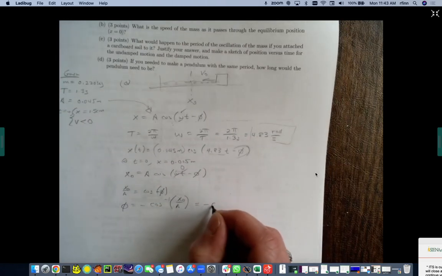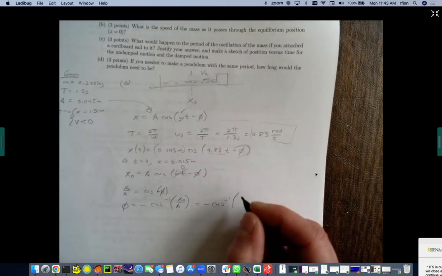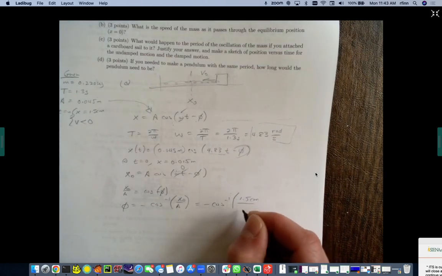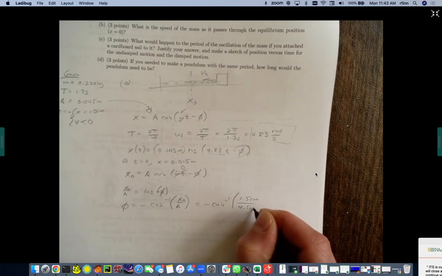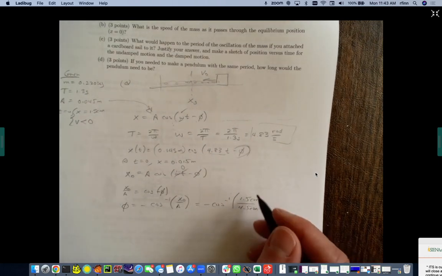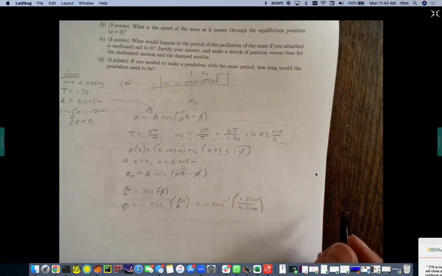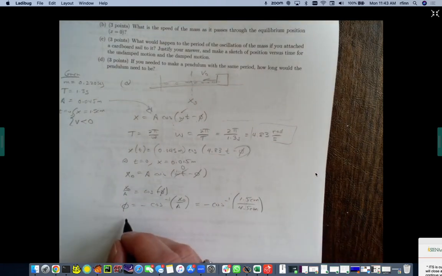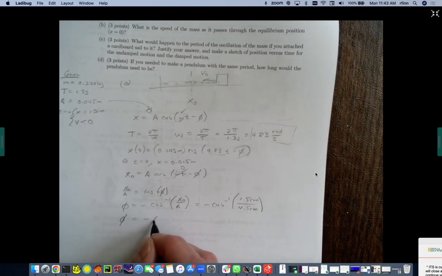Okay, so we have inverse cosine of x0, which we can just leave in centimeters for now, 1.5 centimeters, because our units will cancel, divided by 4.5 centimeters. So that's just 1 over 3. Okay, so phi equals negative 1.23 radians.